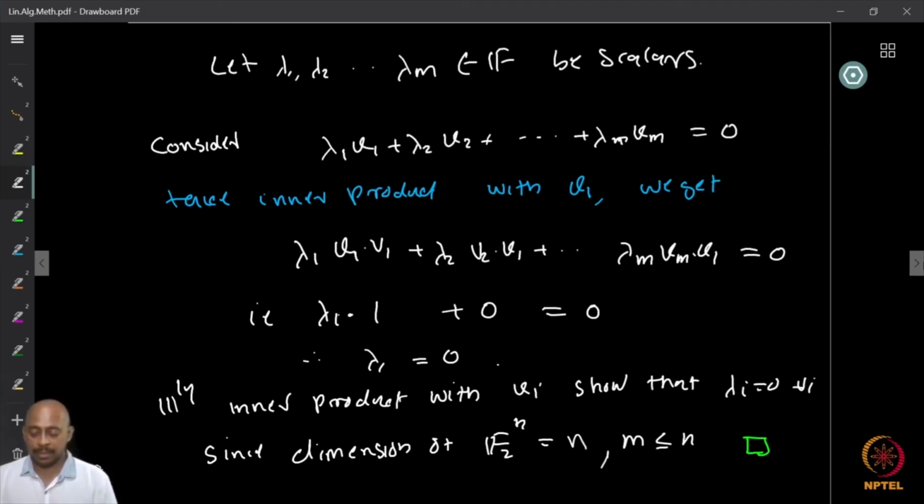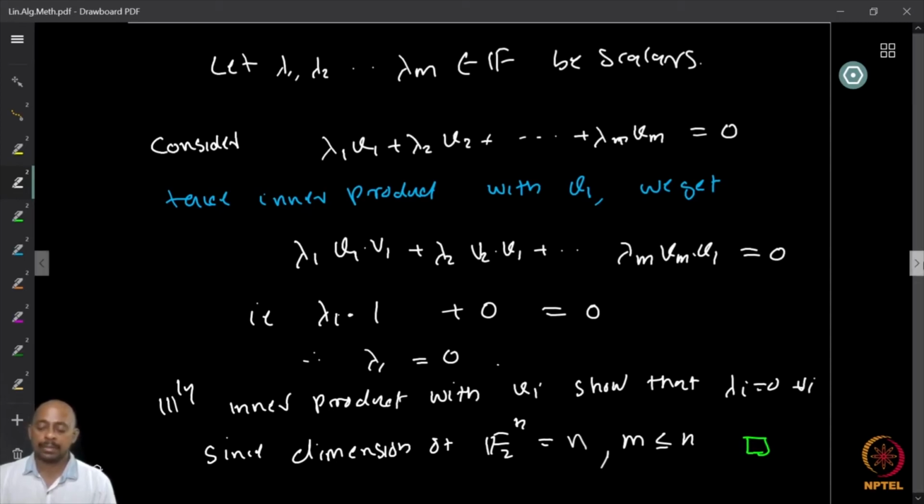We must have the number of linearly independent vectors, which is m, less than or equal to n. So the incidence vectors of the clubs, we have shown, must be linearly independent, and since the dimension is at most n, we cannot have more than n of them. So that is the proof that we cannot have more than n clubs with respect to these two rules.